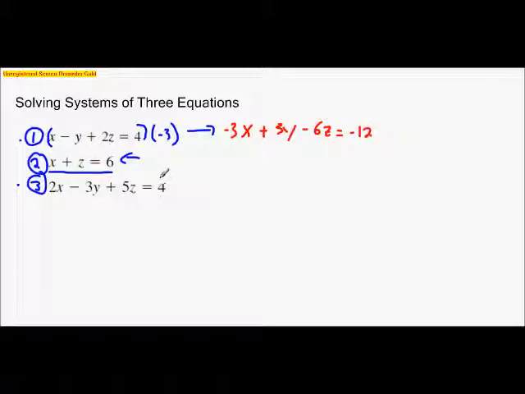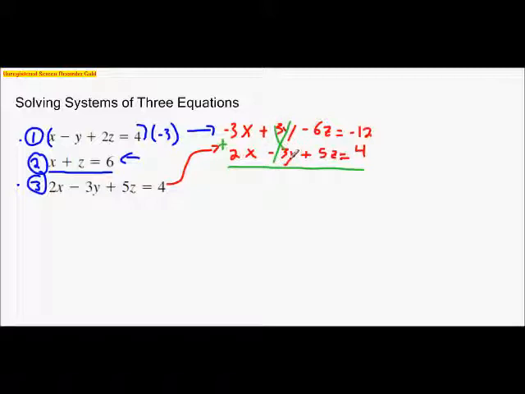And then I'm going to just basically take this equation and write it right underneath there. And so I'll have 2x minus 3y plus 5z equals 4. Okay, and let's take those two equations, add them together, and eliminate the y's, right?